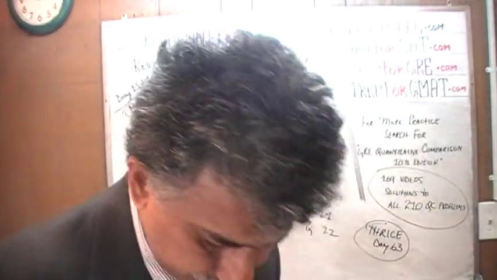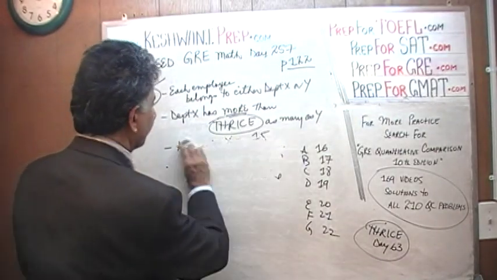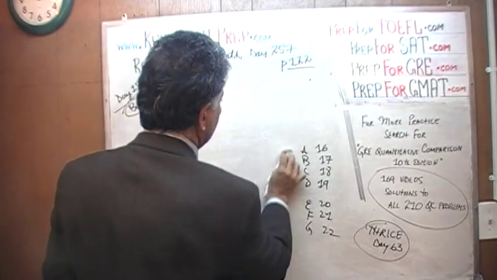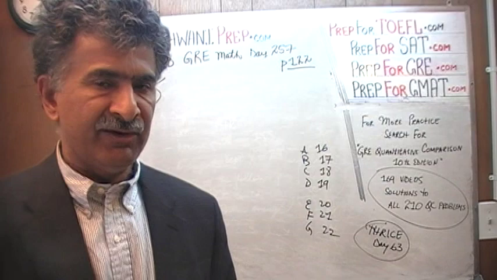So here we go. So what we do is, we ask ourselves, what would the overall average be if there were exactly thrice as many people?